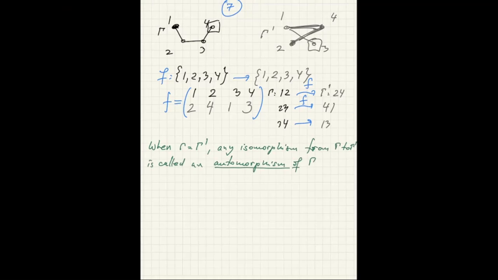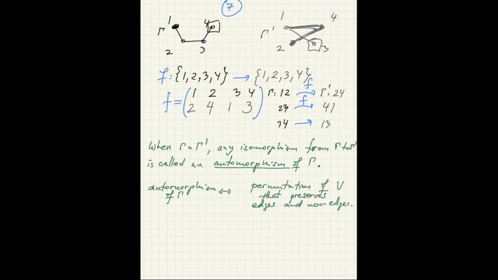Okay, an automorphism of gamma, informally speaking, is a permutation of the vertices that preserves edges and non-edges. So an automorphism is a bijection or permutation of the vertex set that preserves edges and non-edges.